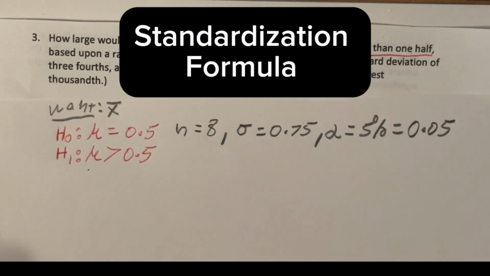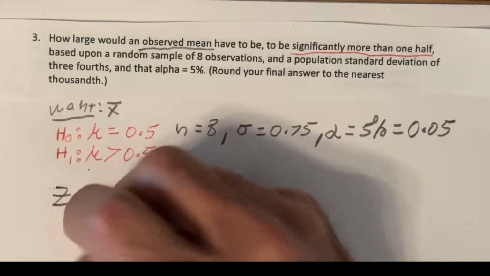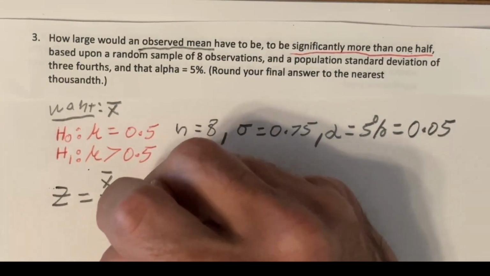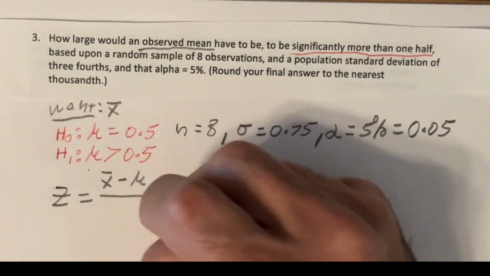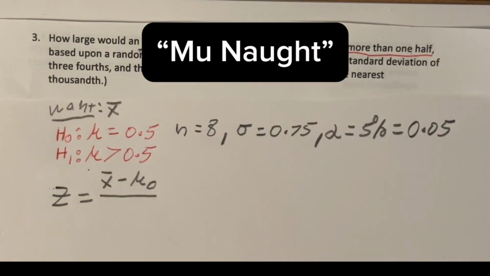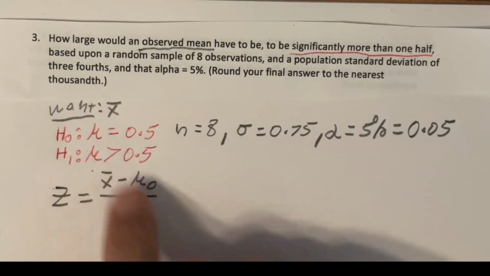So I want to write that down. So z is equal to X bar minus mu naught. Naught, it's kind of like the English word for 0, but it comes from the idea of the null hypothesis.